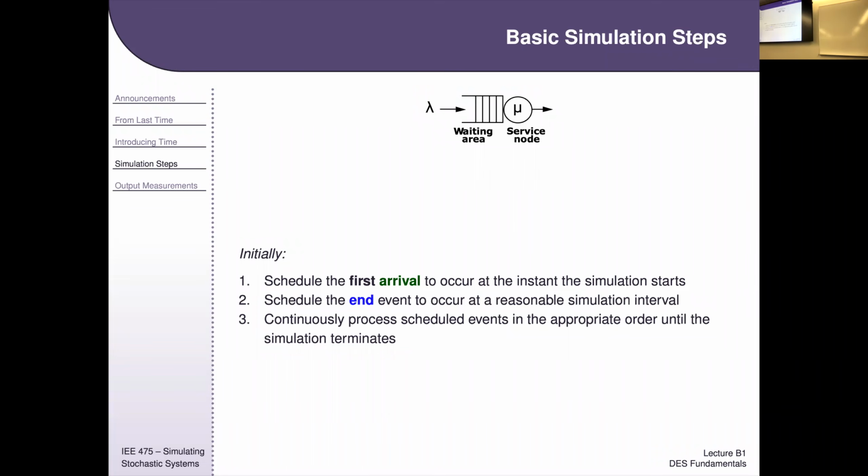But for your first homework, I'm just going to tell you the simulation ends after 30 minutes. So you schedule a fictitious end event. It isn't an event that actually changes the state of the system. It changes the clock of the system. It doesn't change any of the state variables, but it just tells you our simulation's done. You can stop simulating now. And then you continuously process scheduled events in the appropriate order until you reach that end event. So this is the first thing you do: schedule the first arrival at time 0.